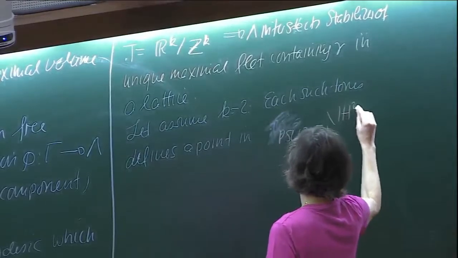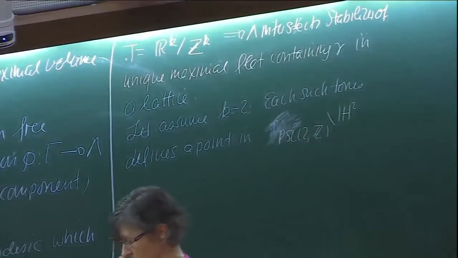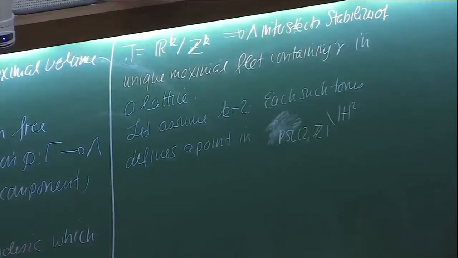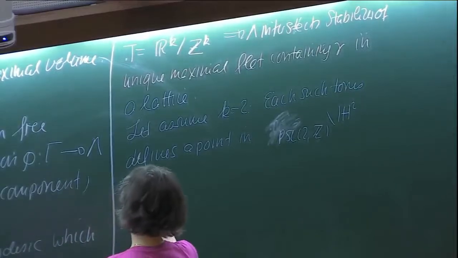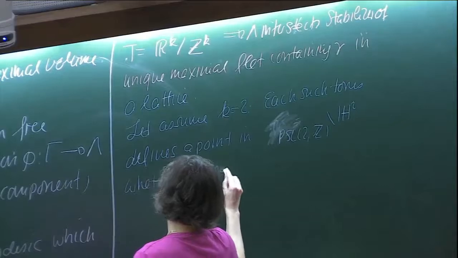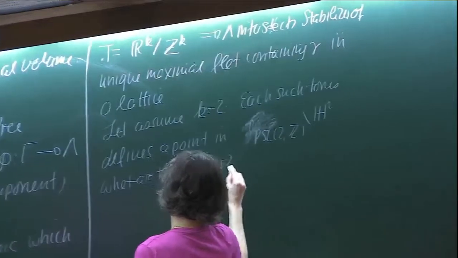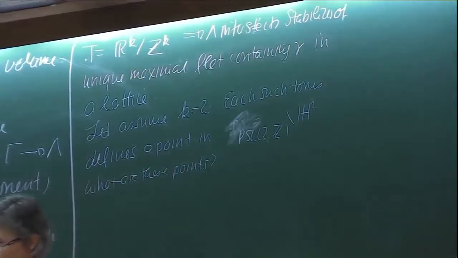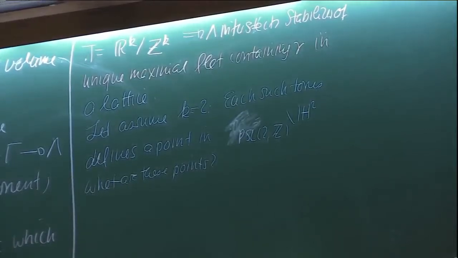So what are these points? We get countably many points in this moduli space of tori. What are these points? How are they distributed? That's an interesting question.